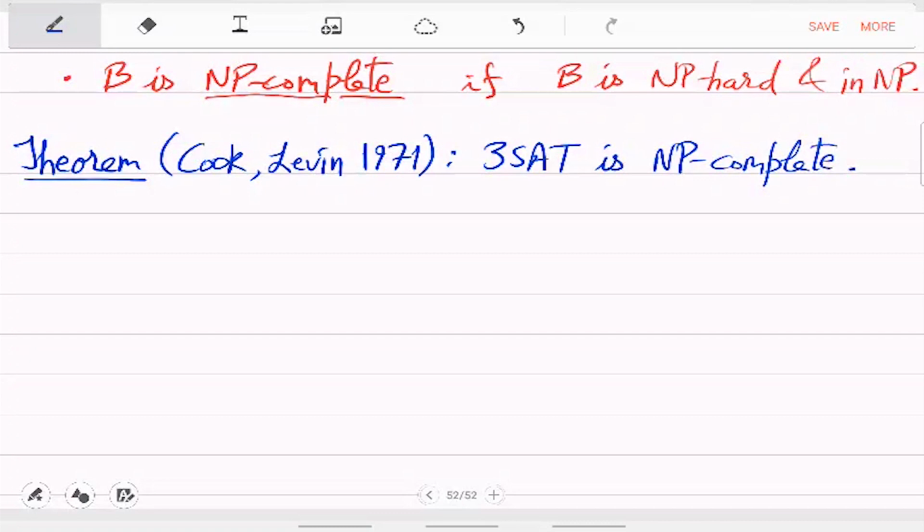Right? So this was shown half a century ago, exactly half a century ago, that 3 SAT is a problem which is NP complete. And till now what we don't know is whether we can solve it in polynomial time, right? So the conjecture is that NP complete means that you cannot solve it in polynomial time, but there is no proof. Though this completeness result we have just shown.